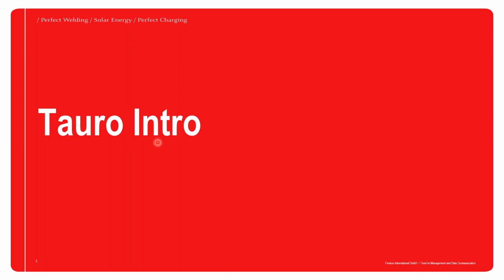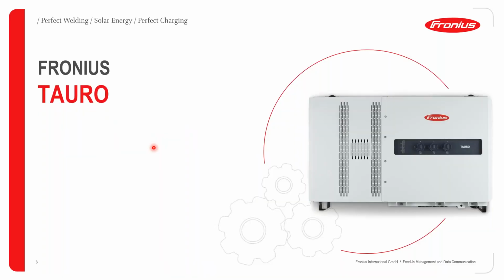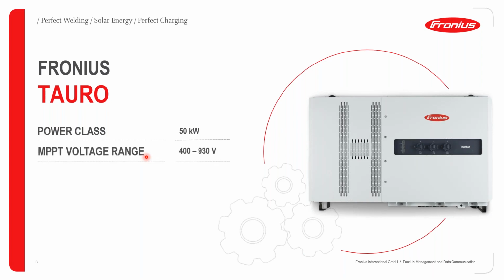Great. So without further ado, let's now start off with a brief on the Fronius Tauro. So as most of us would know, we have basically two variants per se, in terms of power and specification. So we have the Fronius Tauro, which some of us will preferably call the Fronius Standard Tauro, with power class 50 kilowatts.